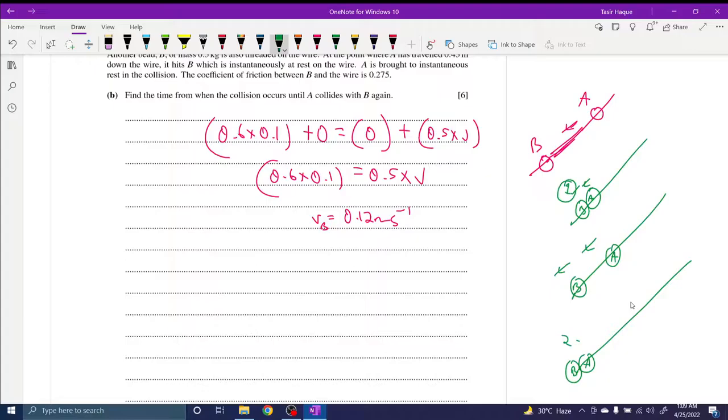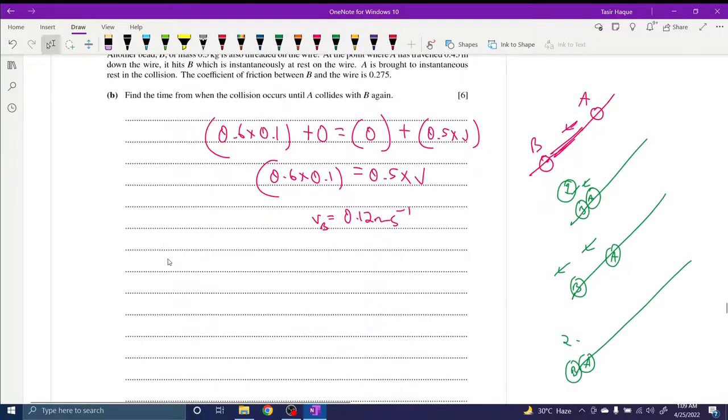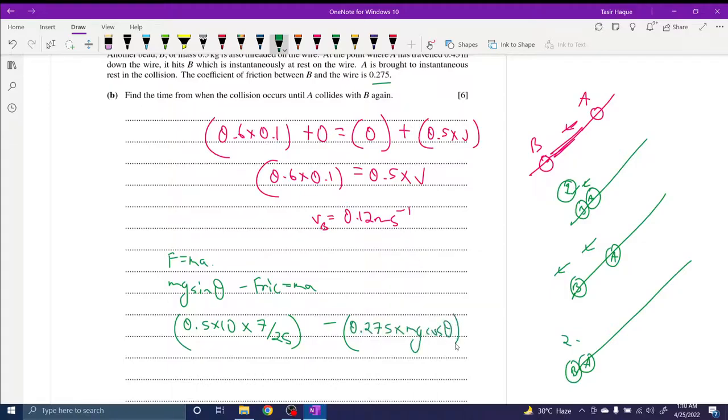How? So let's find out the acceleration of B first, right? So we know that F is equal to ma. For B, it's gonna be mg sine theta minus friction, is equal to ma. So 0.5 into 10, the sine theta was 7 by 25, minus mu R. Mu is 0.275 into mg cos theta is equal to 0.5 into a.